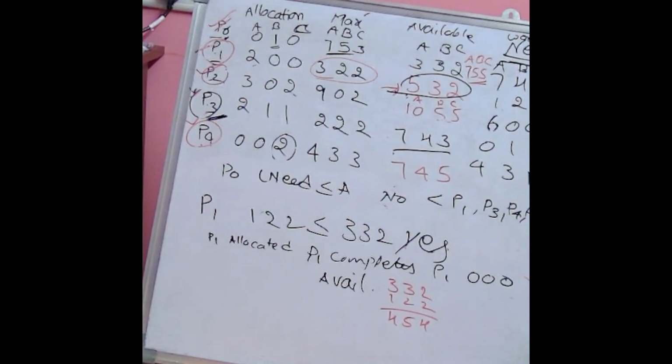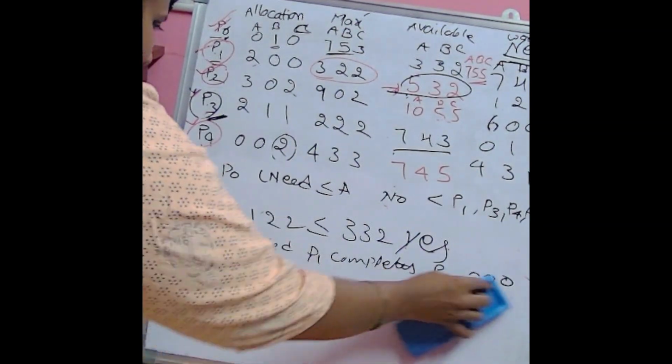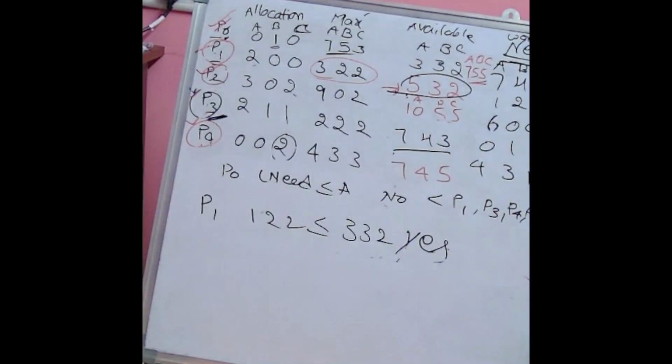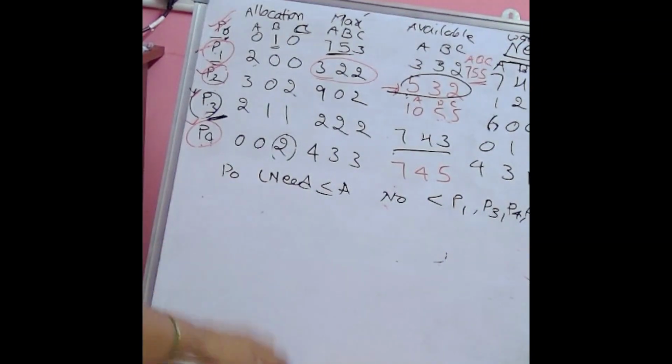Like that also we can write. Check with that. Every time, complete that and write that one. Allocated one, need one, if it is there, then you can check with that and write the available resources accordingly and continue with that.